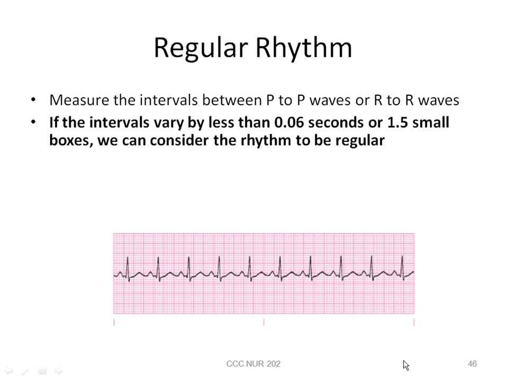Now you can have a little bit off, and it's okay. When we're talking about one small box off, you can still call it regular. Now you guys aren't going to have calipers, so what you're going to do is take a piece of paper, flip up one of the sheets, and then take your pencil.